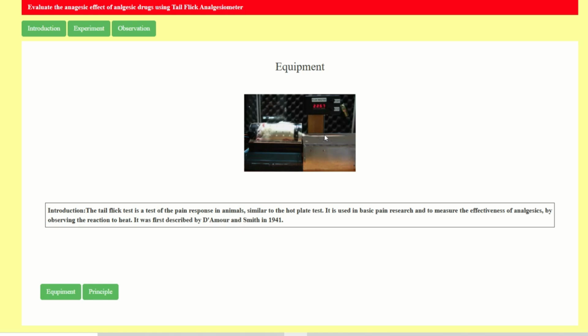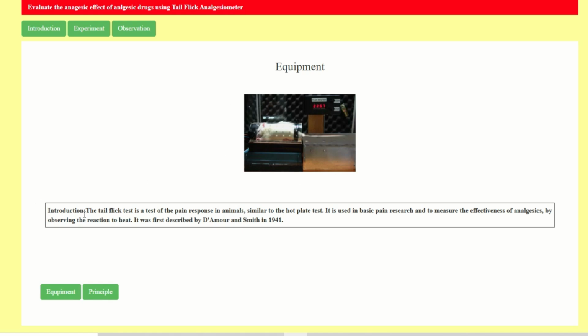We will focus on this tail. When we start the experiment, it produces the heat, and as per the mice's or rats' body pain sensation tolerability, it will flick the tail. We have seen the equipment.